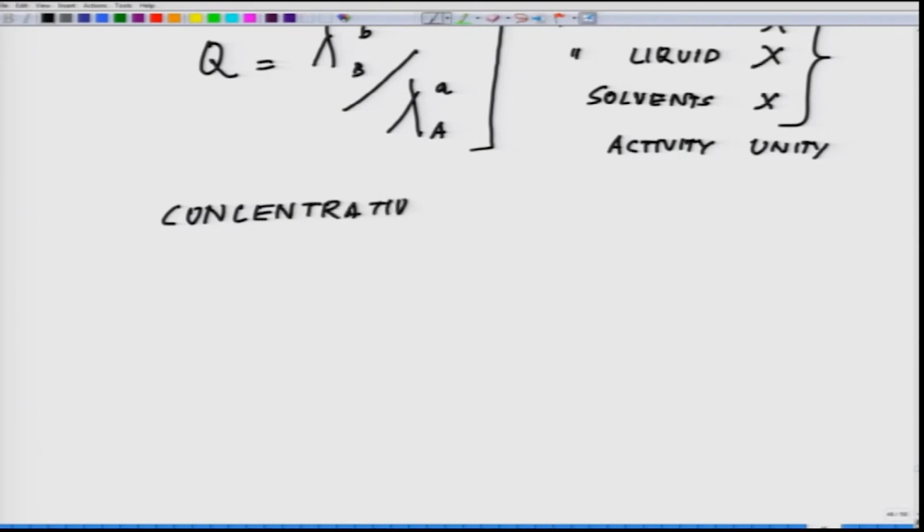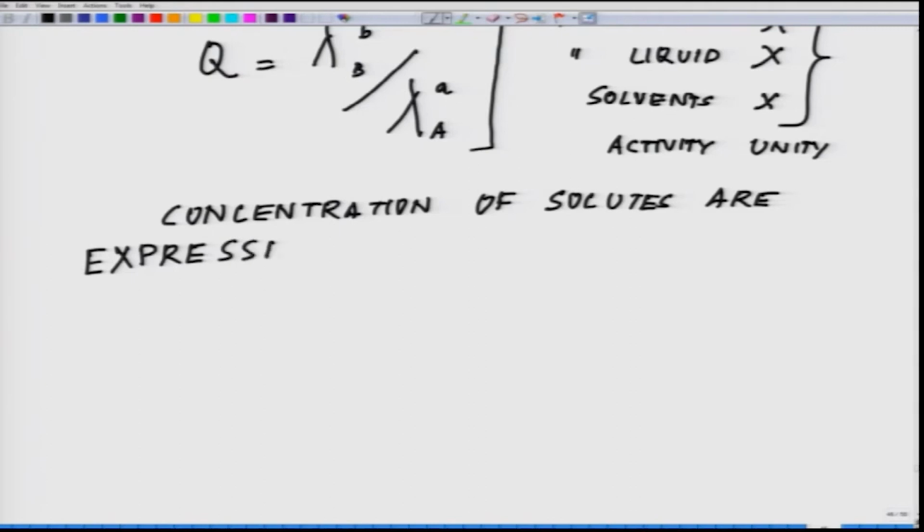concentration of the solutes are expressed as moles per liter.